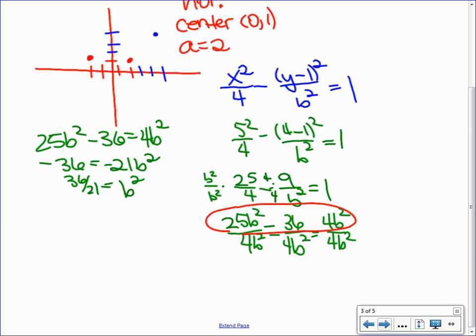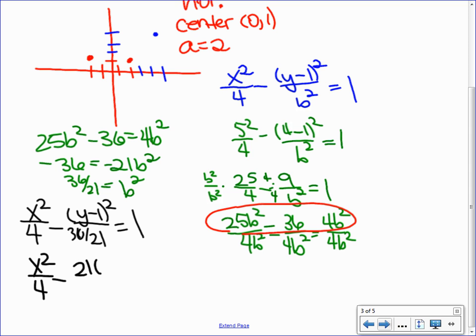Okay. So we can write our equation x squared over 4 minus y minus 1 squared over 36 over 21. You could also write this as 21 y minus 1 squared over 36. We can reduce that, can't we? 36 over 21 reduces to 12/7.